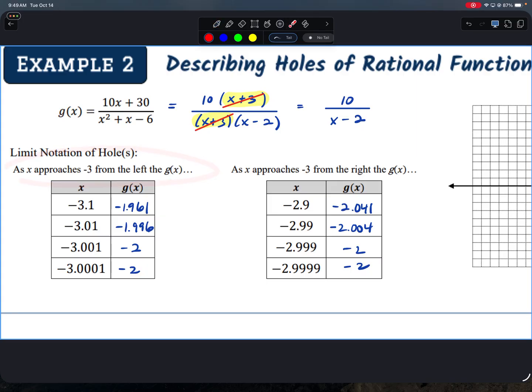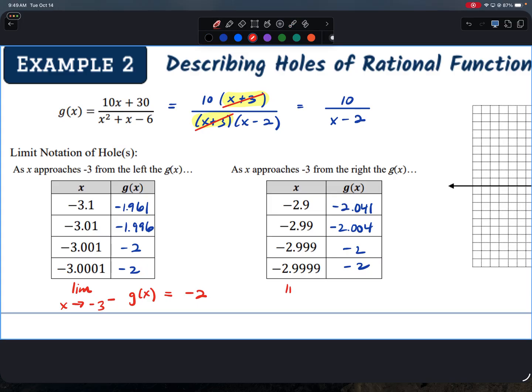So if we figure this out with our calculator, the way we'd write it using a limit is you would say the limit as x approaches negative 3 from the left, and then careful, this time our function is g of x, is equal to negative 2, because as I pick numbers that are smaller than negative 3 and get closer and closer, my calculator gets really close to negative 2.